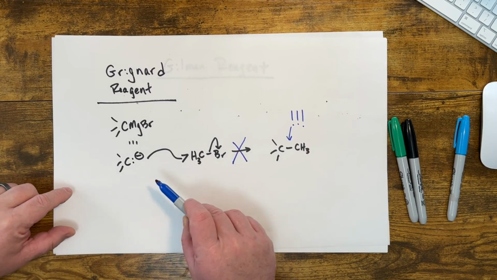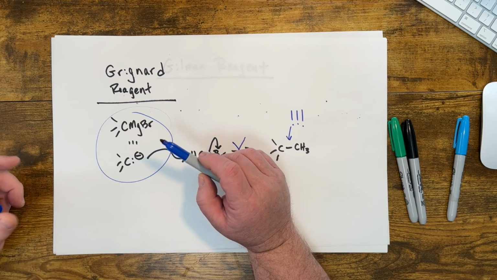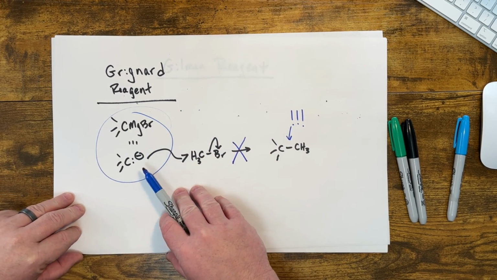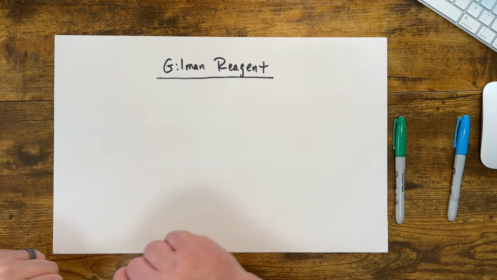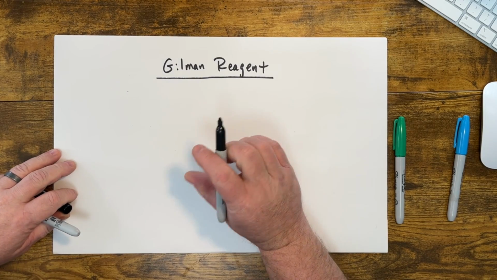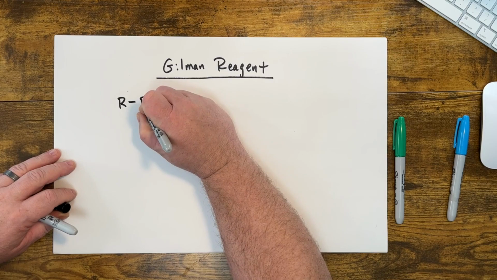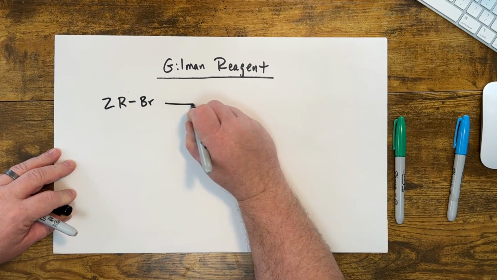And this other way is using a reagent similar to a Grignard, called the Gilman reagent. So let's take a look at a Gilman reagent. A Gilman reagent is made by taking some R group with a good leaving group on it, 2 molecules of that.